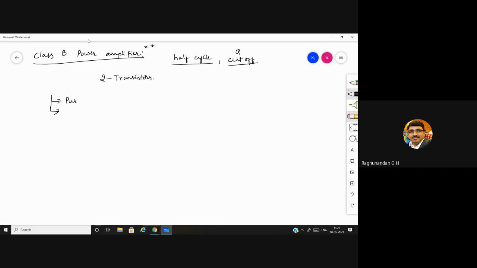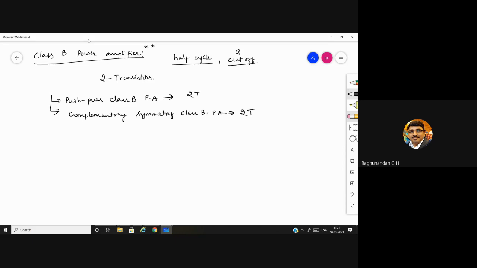One is the push-pull class B power amplifier, and the other one is the complementary symmetry class B power amplifier. So what is the difference between these? Both use two transistors.